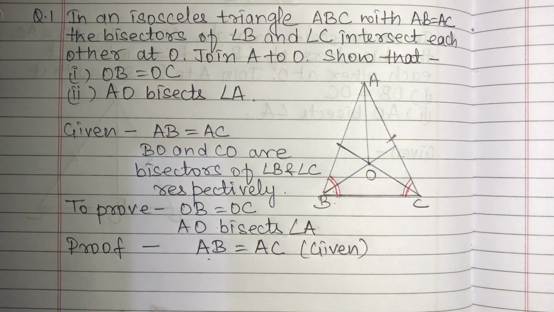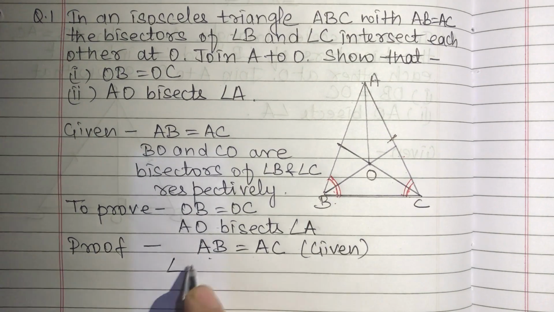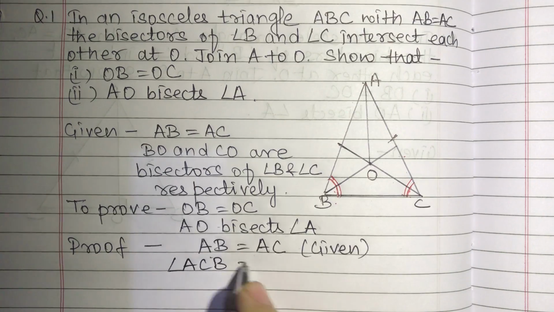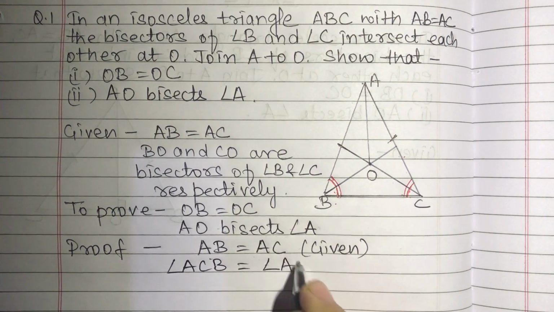So AB equal to AC implies angle ACB equals angle ABC.